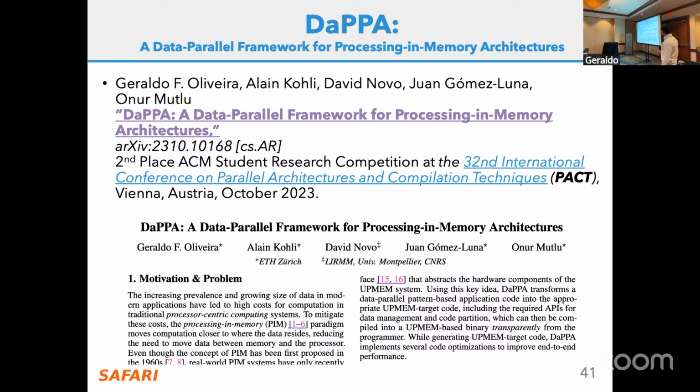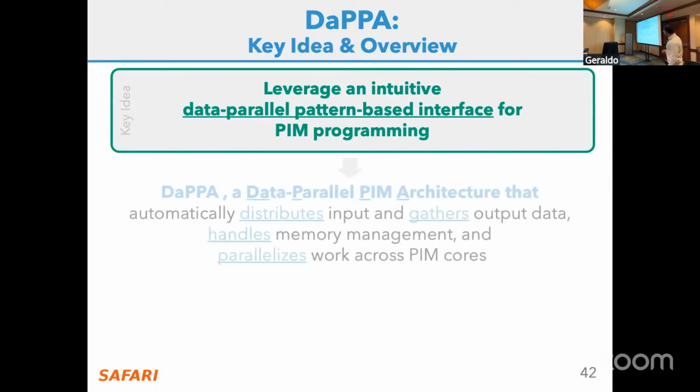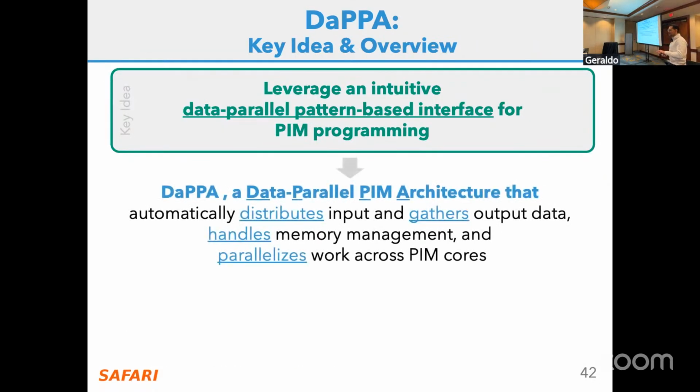After SimplePIM, we further extended the framework, and we renamed it. It's called DaPPA now, and was presented in PACT the same year. The problem with SimplePIM is that we have those 3 interfaces: management, communication, and processing. Still the user needs to handle communication across the PIM chips, even though that communication is abstracted away using the APIs.